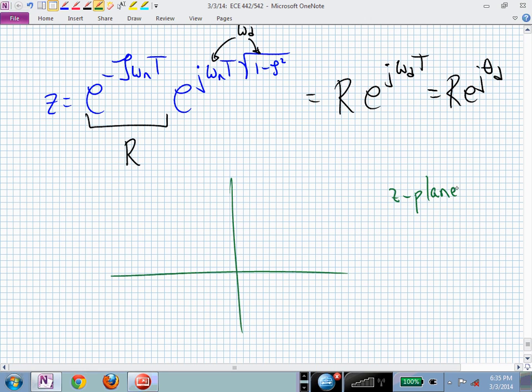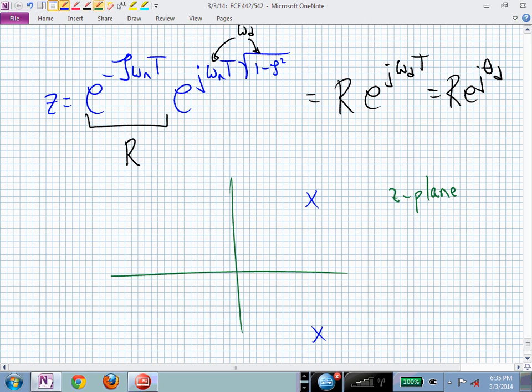In the s-plane we were thinking rectangular coordinates, sigma and omega sub d. Now in the z-plane it's maybe easier to think in polar coordinates, r and angle theta sub d. Now we have a pole here and its twin downstairs.